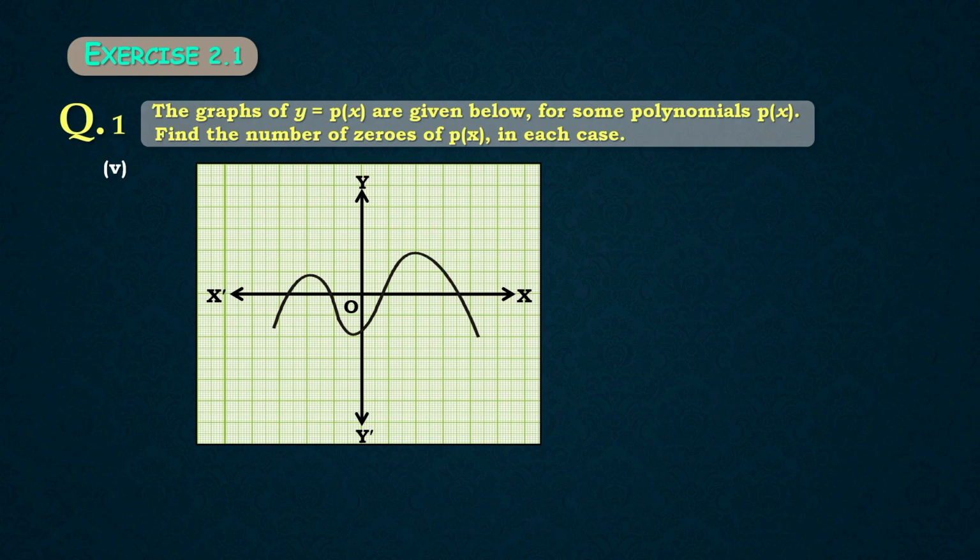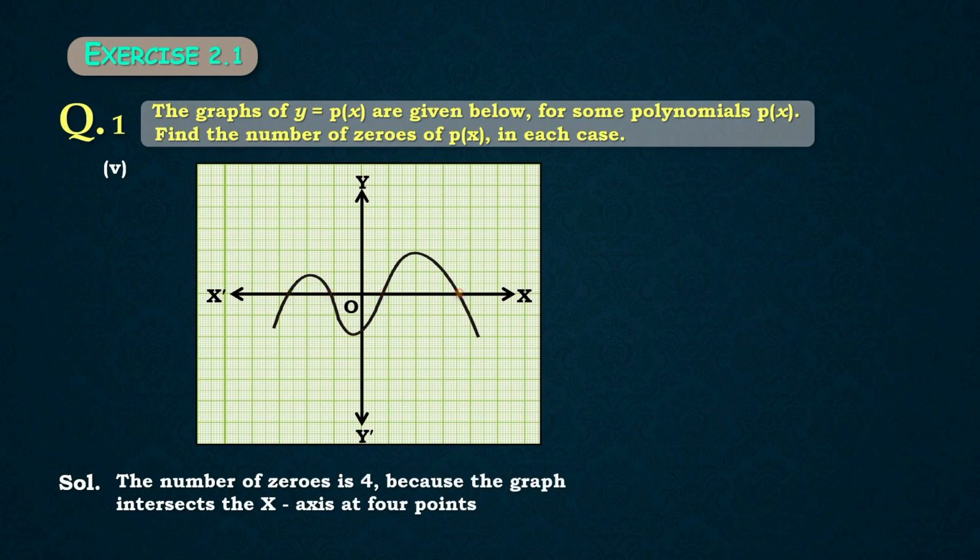The curve intersects the x-axis at 4 distinct points, which are clearly marked on the graph. At each of these points, the value of y becomes 0. Since the graph cuts the x-axis at 4 points, the polynomial has 4 zeros. Therefore, the final answer is the number of zeros is 4 because the graph intersects the x-axis at 4 points.